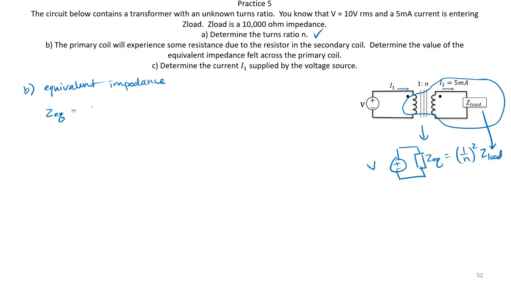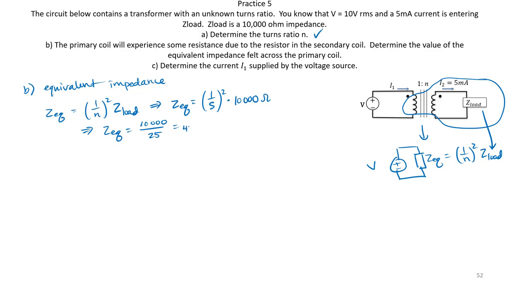If we plug that in, the equivalent impedance will be 1 over 5 squared times 10,000 ohms. So the equivalent impedance felt by our voltage source in the primary coil is just 10,000 divided by 25, or 400 ohms.